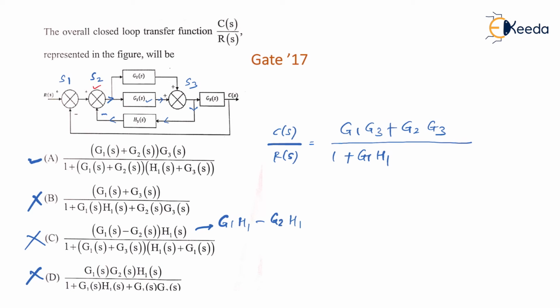That is, I'll start from S2 only. Instead of going to G1, I'll start from G2, and then from G2 again you can come here, then H1, and again it is a negative feedback. So I'm sure you understood this. Again it is a negative feedback, so I'll go for plus. So what you got? G2 H1.